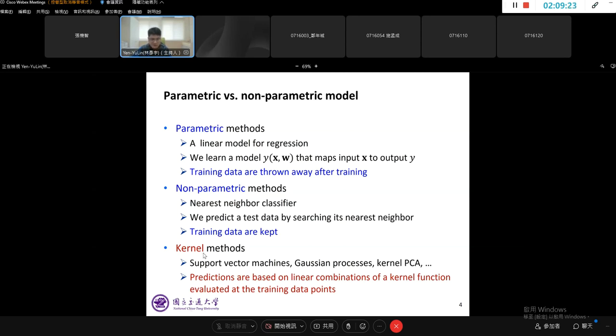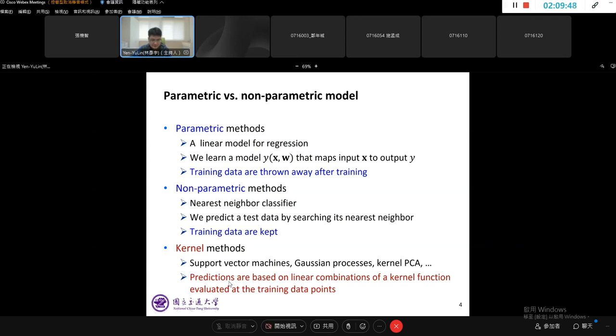Kernel methods have several members, including support vector machine, Gaussian processes, and kernel PCA. The main feature of kernel methods can be specified by this sentence in red. Let's look at the meaning of this sentence.